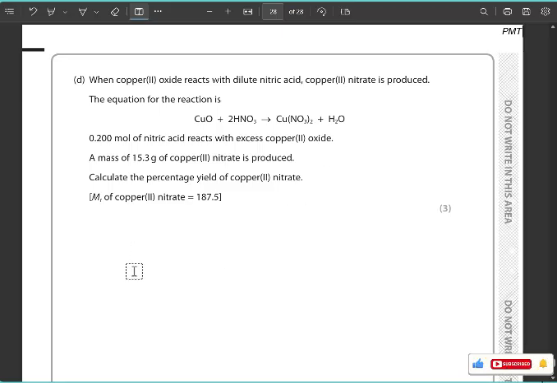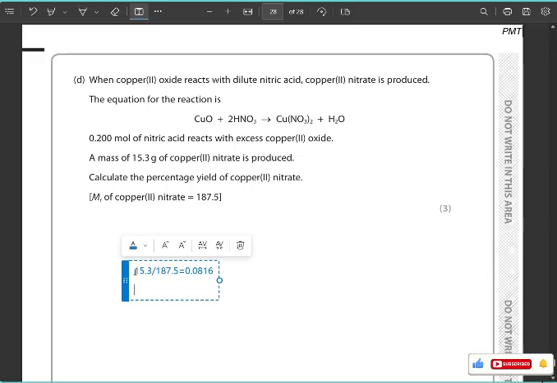Okay, first of all, we should find the moles of copper nitrate produced, dividing the mass by 175.5, which equals 0.0816.